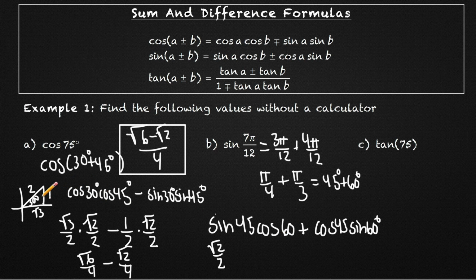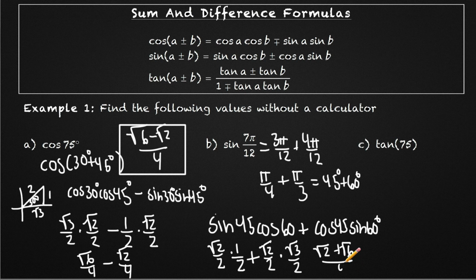We go back to this triangle, cosine of 60. If 60 is up here, the cosine would be adjacent over hypotenuse, so that's going to be 1 over 2. And what you'll notice is a lot of your answers are going to start looking very similar. And then you have cosine of 45, well, that's root 2 over 2. And then the sine of 60 is going to be root 3 over 2. So this is going to be root 2 over 4 plus root 6 over 4. So root 2 plus root 6 over 4.